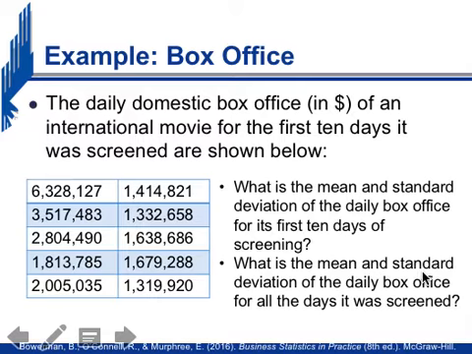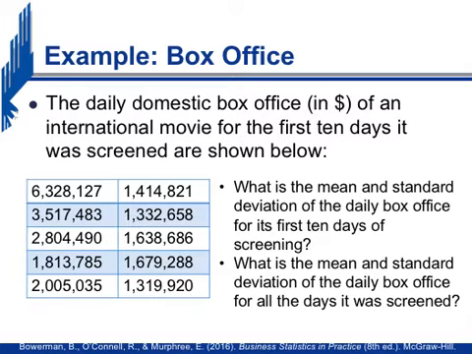Now, if you compute for this manually or through your calculators or through Microsoft Excel, the population mean for the first question should be 2,385,429.3, while the population standard dev is $1,473,617.273.